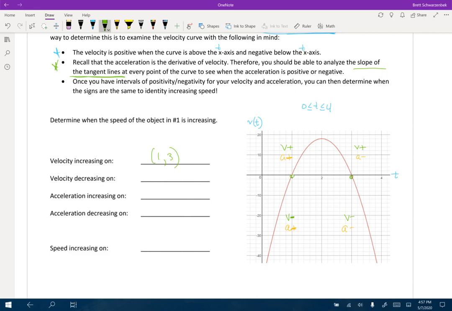So, to be specific here, if you recall, it included 0 and 4, so we would say [0, 1) union (3, 4], anywhere to the right of 3 and before 1.